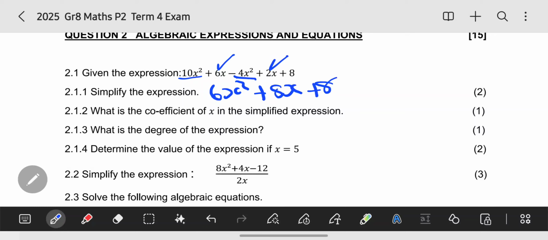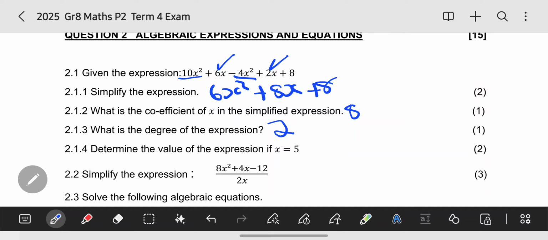And then, what is the coefficient of x in the simplified expression? The coefficient of x is the number in front of x. Here it is 8. So the answer is 8. What is the degree of the expression? The degree of the expression is the highest exponent. Our highest exponent here is 2.